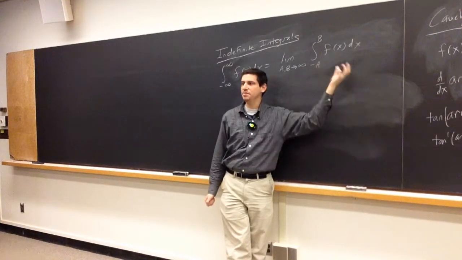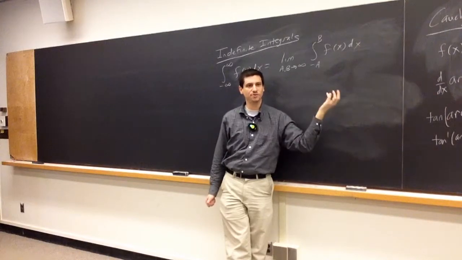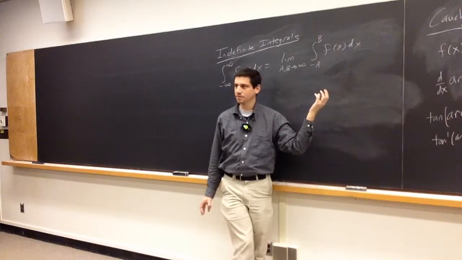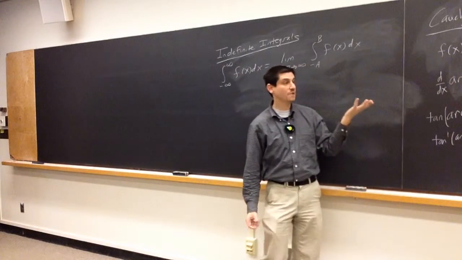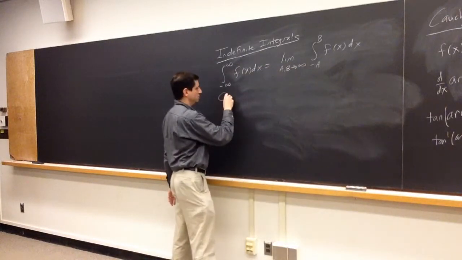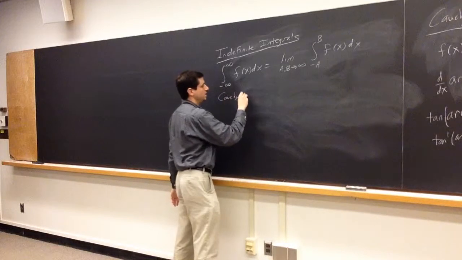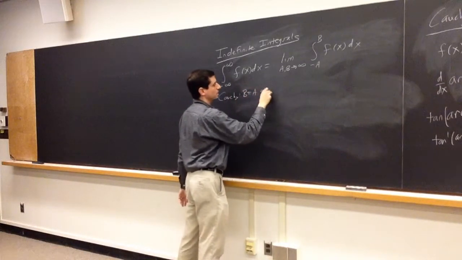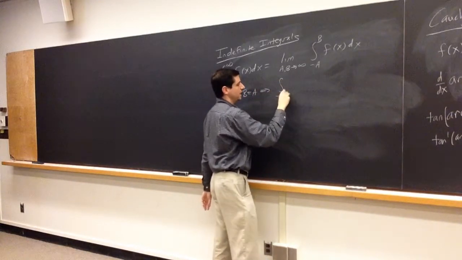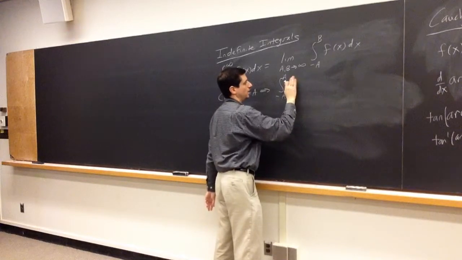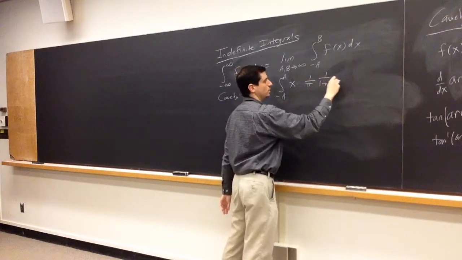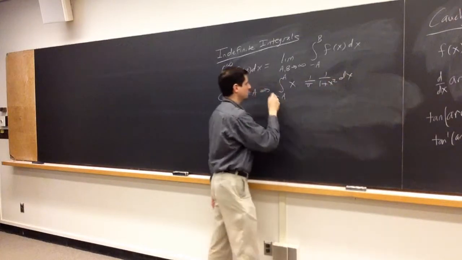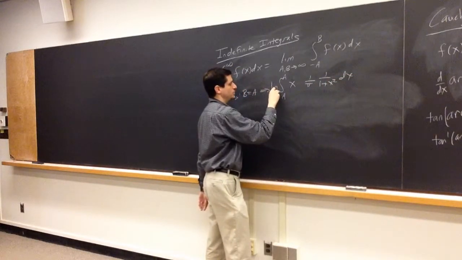I want to relate a and b. How should a and b be going off to infinity? The same rate. So for Cauchy, if I take b equals a, I get the integral from minus a to a of x times 1 over pi, 1 over 1 plus x squared dx. Take the limit as a goes to infinity.